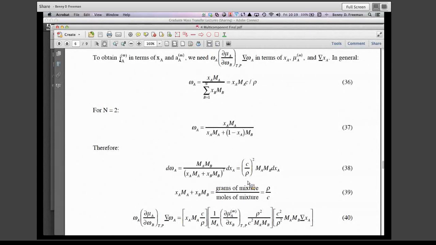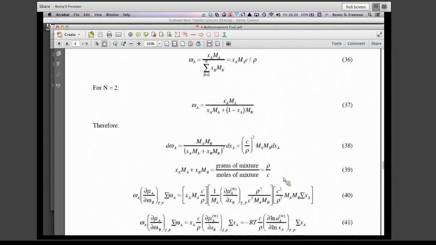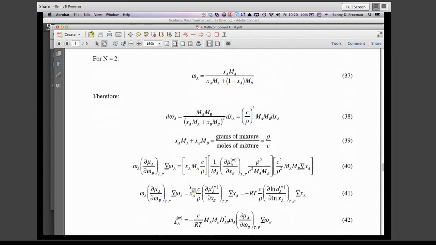I can rewrite it as shown in equation 38, and you should verify that the results follow as a result of this definition of the total mass concentration and the total molar concentration, or the mass density and the molar density. I can use this result to develop the expression for the relationship between the mass-based concentration and molar-based concentration.